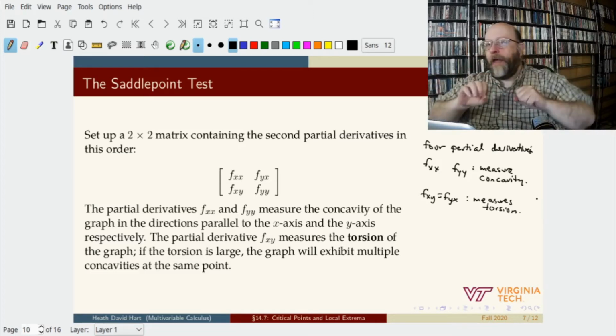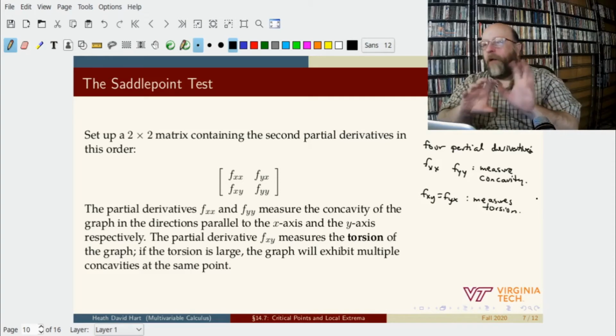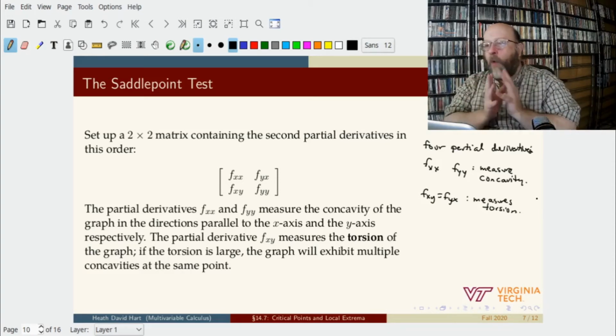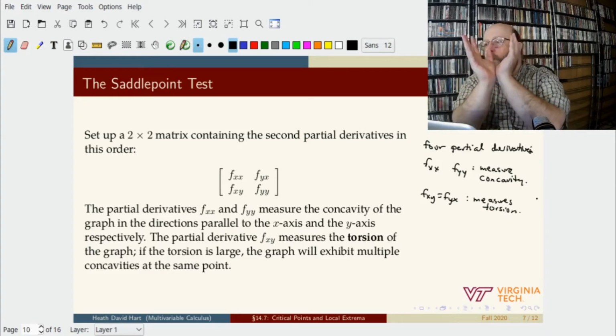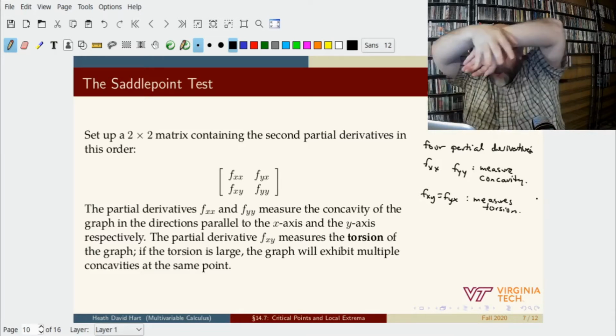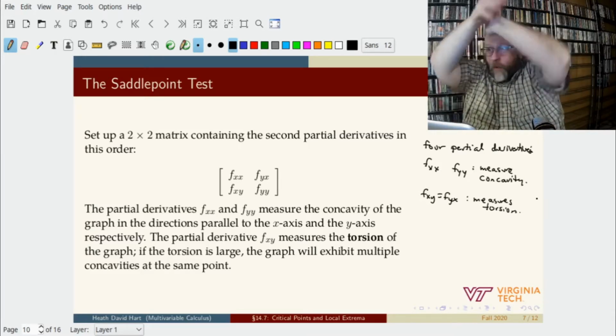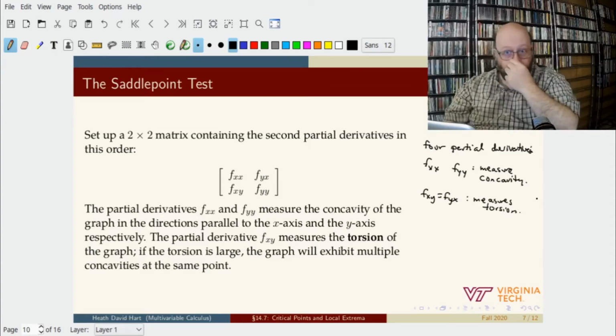I'm not describing that very well. But if the torsion outweighs the concavity, then the shape twists so much that it can be concave up and flip around to be concave down at the same point, the way that a saddle point does.